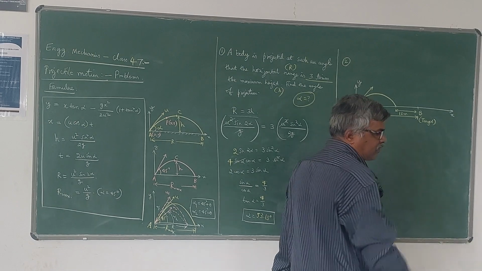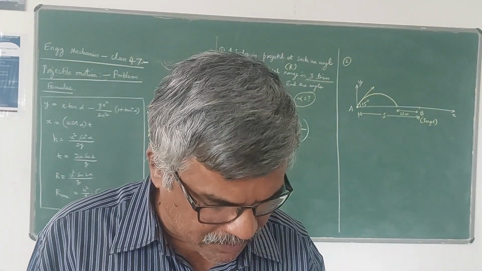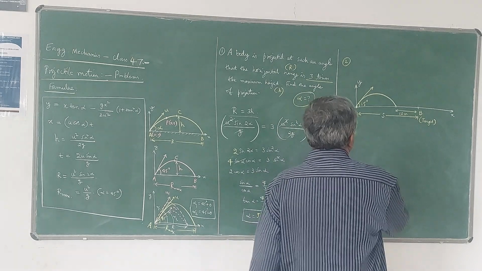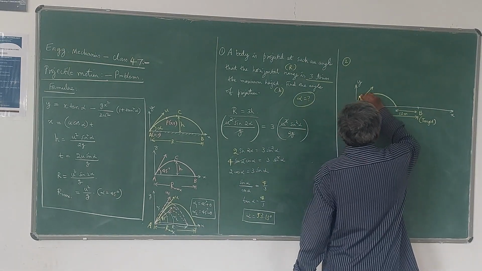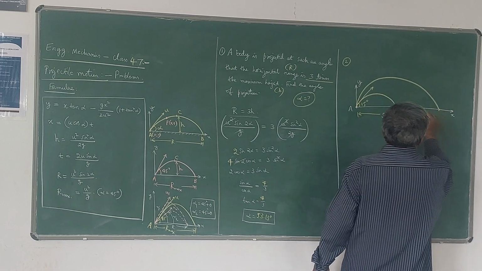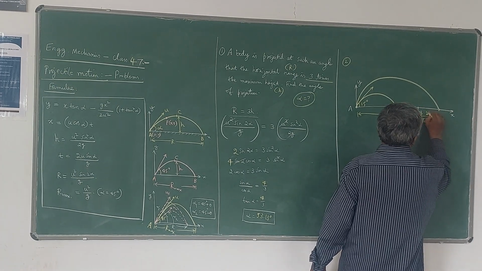So understand the problem here. It overshoots by 24 meters when the angle is 45 degrees. If the angle is 45 degrees, it overshoots, meaning it will fall away from this B at a distance of 24 meters.